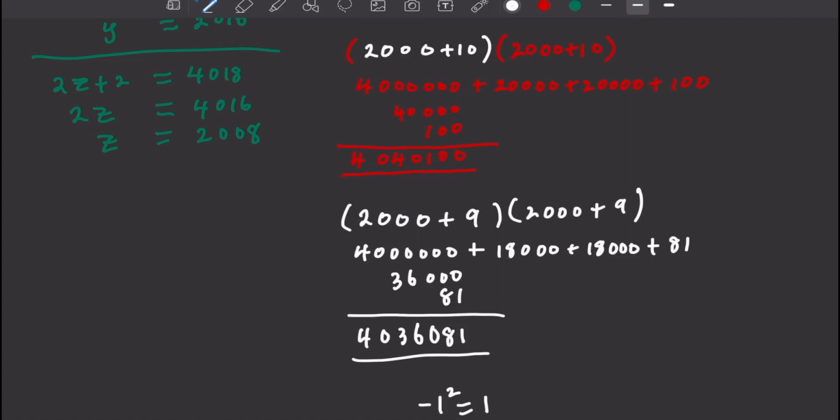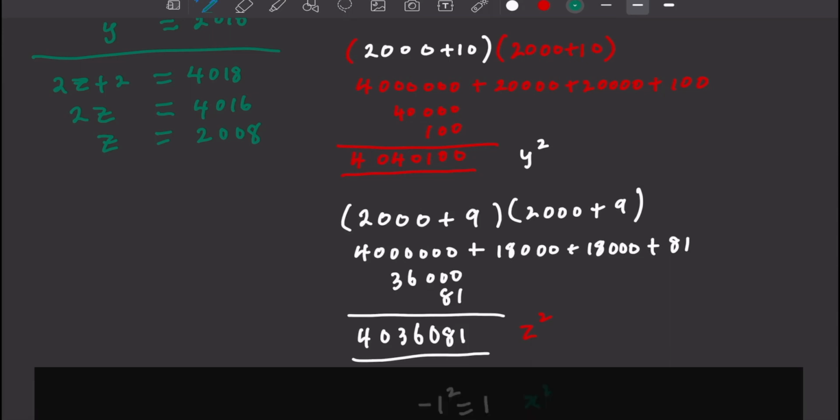So now we got to add these all up. So this is y squared. This is z squared. And this value here, 1, is x squared. So we got to see whether when we add those up together, it equals 2 brackets y z plus 1 into 2.